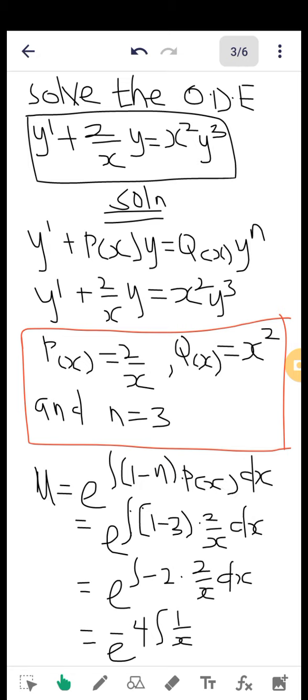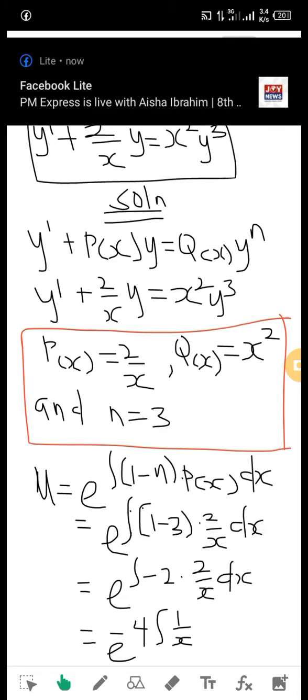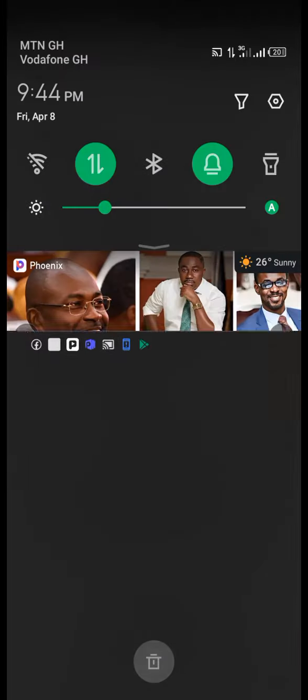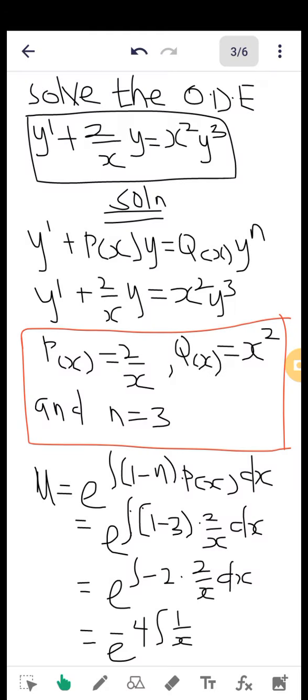My p of x is 2 over x, so just make a substitution here. After making the substitution, you are going to get e exponent integral of 1 minus 3, which is minus 2, multiplying 2 over x dx.